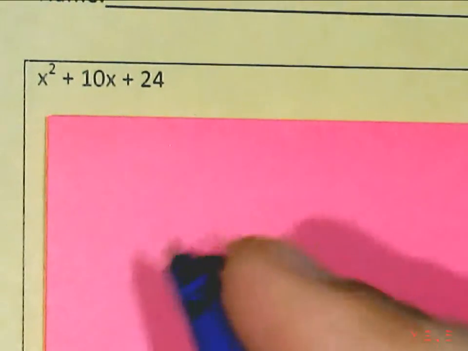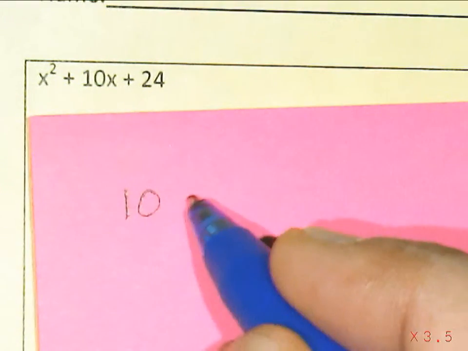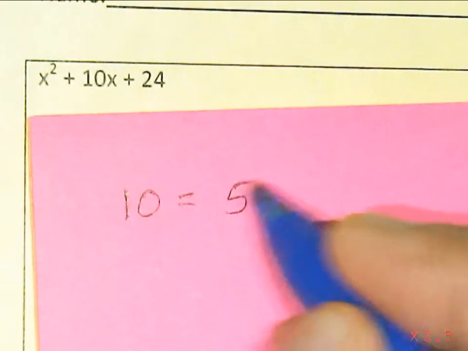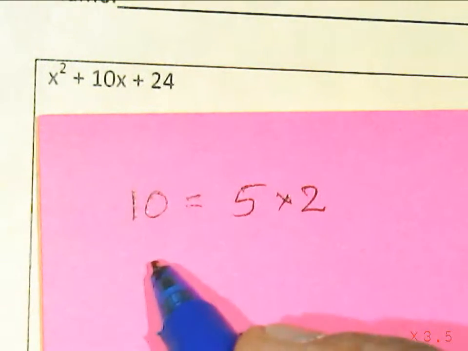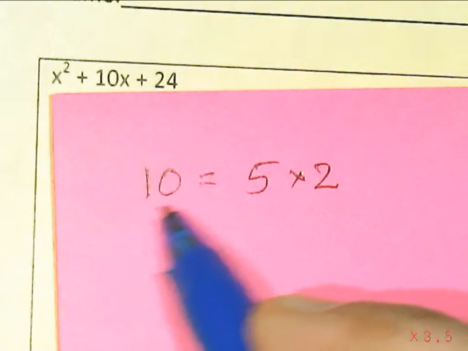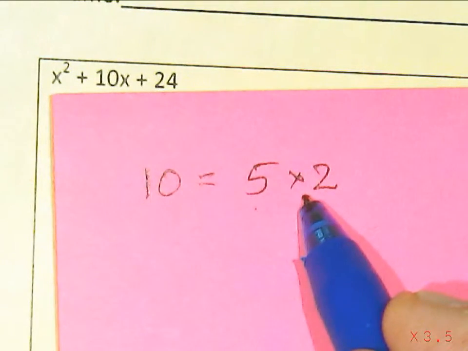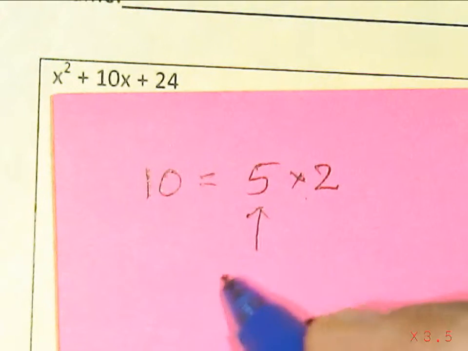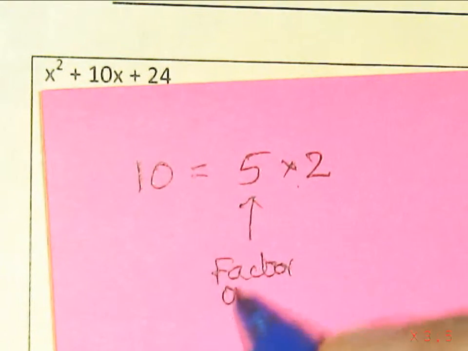Factorization. If you are taking, say, 10, you can write this one as the product of 5 times 2. I mean to say that 10 is divisible by 5 and 10 is divisible by 2. So I call this a factor of 10.